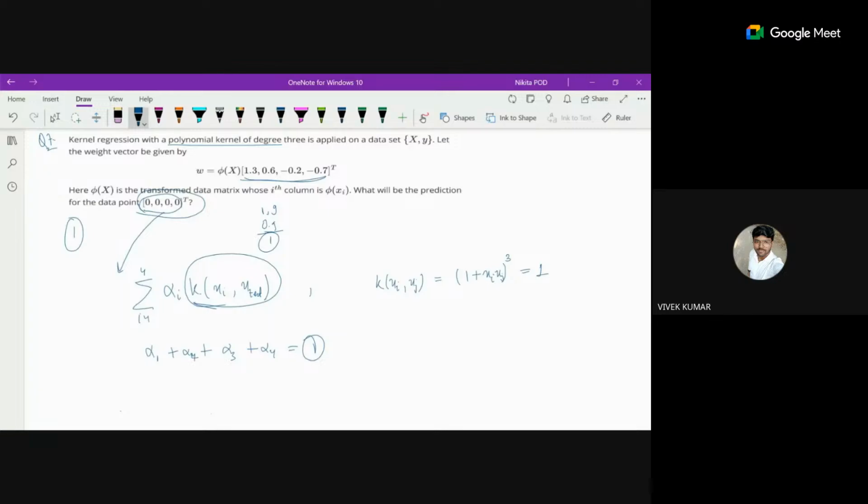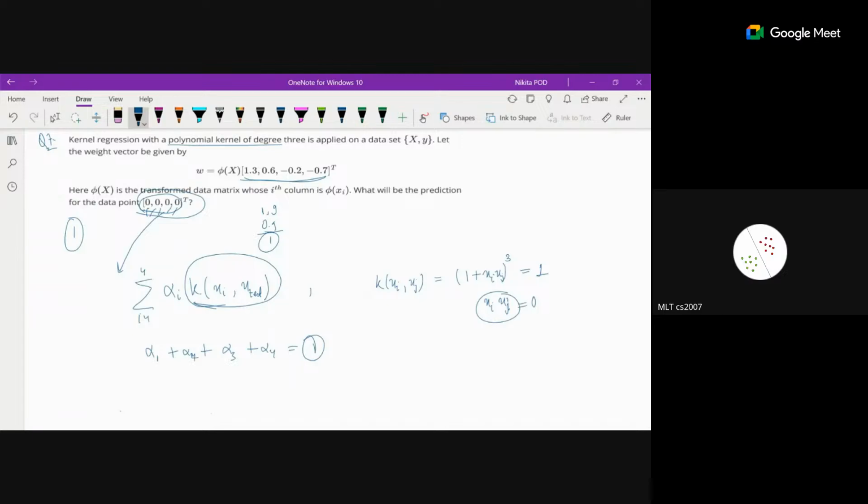Yes, ma'am. Understood. Like, ma'am, does all this kernel have to go to zero? No, what we said is, we are not given the data set, but what we are given is this X test, where all the values are 0. So when you do xi transpose xj, you are going to get 0.